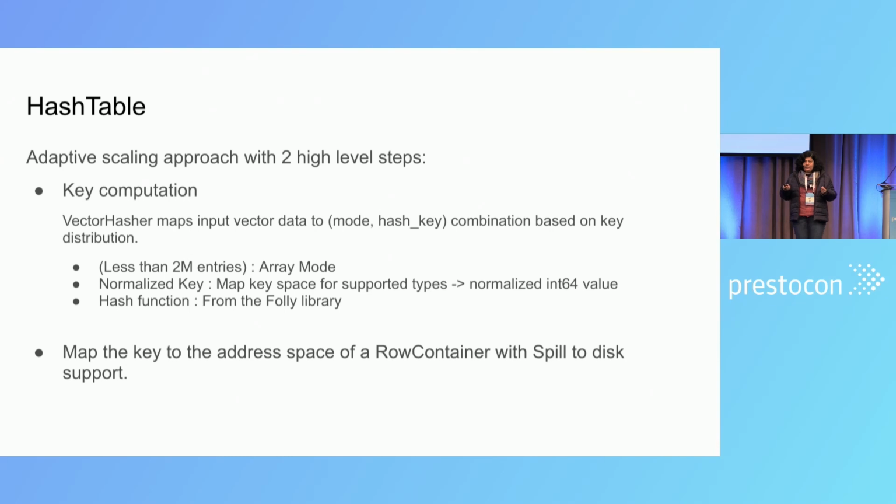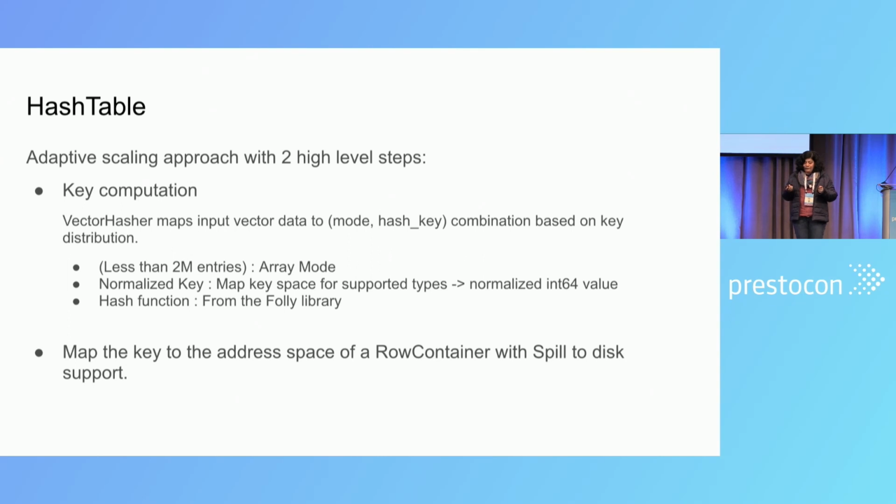If you have very little data, it has some good behavior: you can use a radix sort kind of thing to just map your column value into an array index. If you are below 2 million entries, it works in array mode, and that gives you a very easy hash function.